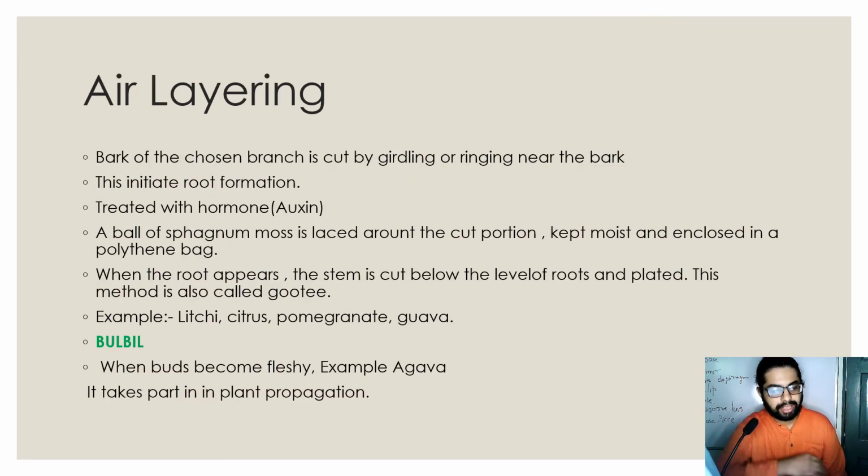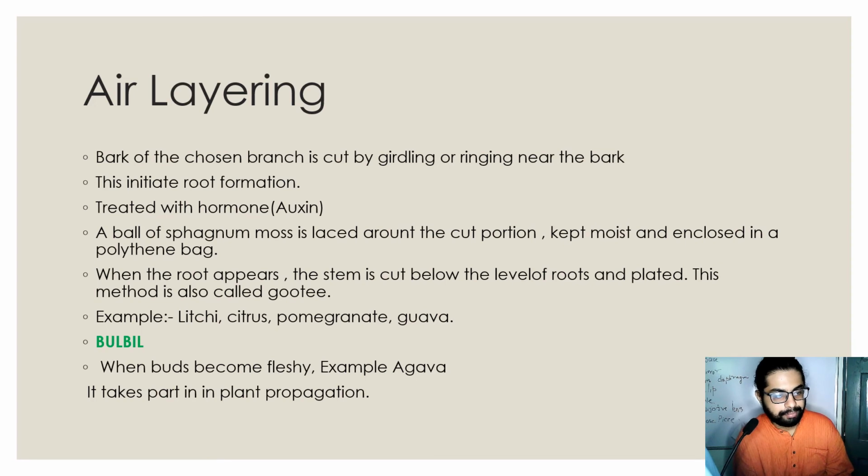Now comes the air layering. Bark of the chosen branch is cut by girdling or ringing near the bark. This initiates root formation. Treated with hormone auxin.